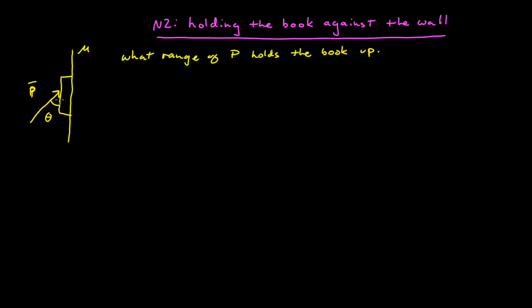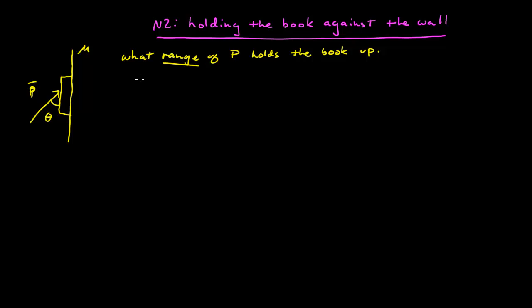However, if I start pushing really, really hard, as the pushing force gets very large, it's quite reasonable that then I would push the book up the wall. There's some sort of range above a minimum and below a maximum that holds the book in place. So I need to find what that range is.